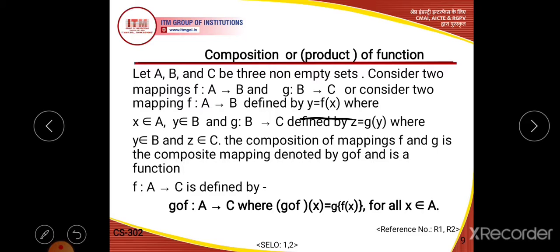The composition of mappings f and g is the composite mapping denoted by g∘f, and is the function from A to C defined by the following.